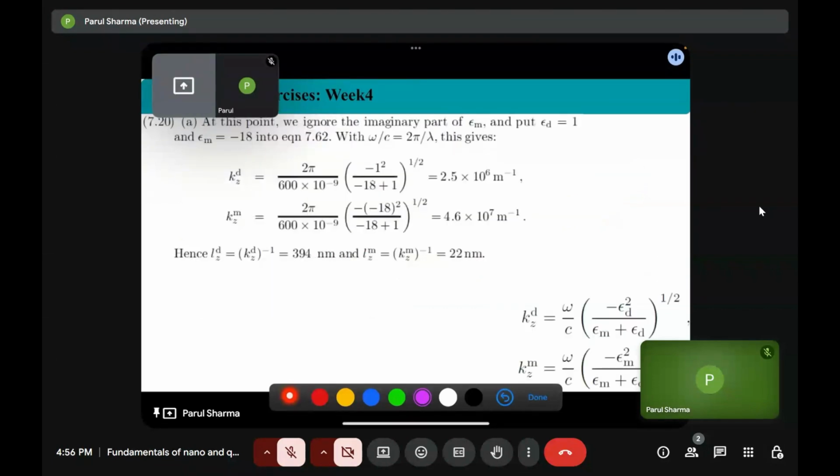For the first part, we are ignoring the imaginary part of epsilon m. Since it is silver and air, for air epsilon d will be 1. So we have these two formulas.